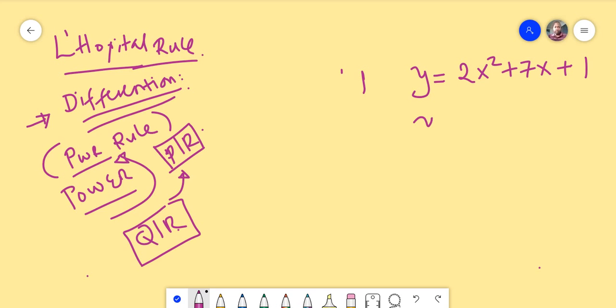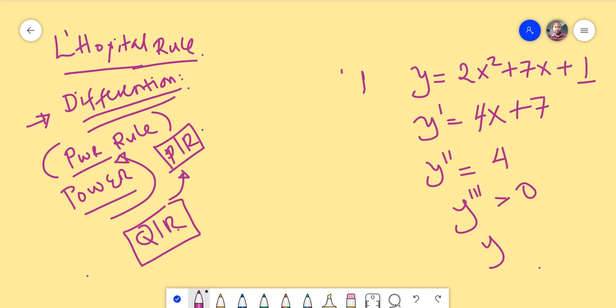The first one, y prime, based on the power rule, is that you take 2 times 2, then minus 1 on the power, so you get 4x. Since this was raised to power 1, 1 times 7 is 7, and x to power 0 is just 1, and then this is a constant, so it will be 0. And then y double prime will be 4, y triple prime will be 0, and the fourth one will be 0, and so forth.